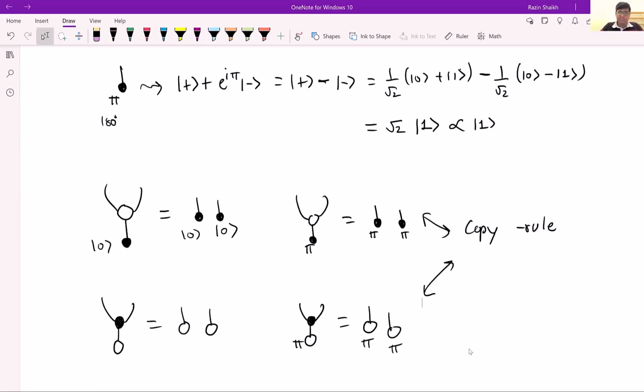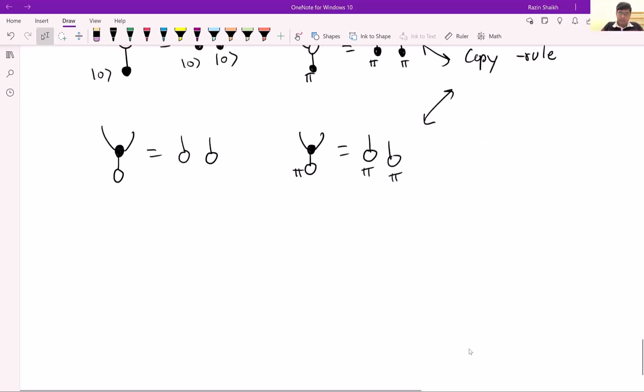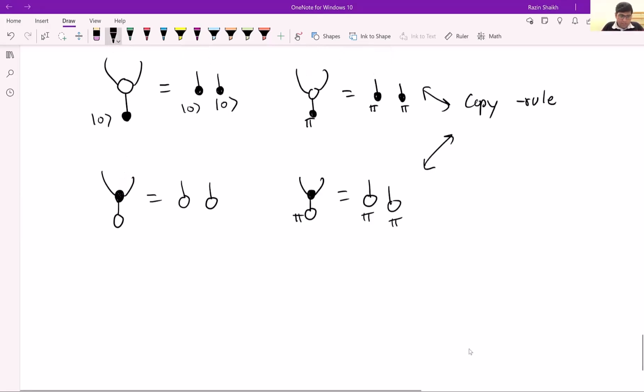Then we can look at more interesting interactions of the Z and X spiders. Suppose we have this diagram where we have the X and Z. Oh, maybe I should mention one more thing. Here I only showed copying with 2 legs, but if I have an arbitrary spider with many legs, and one of them is the X spider with no label, that will still copy, like this.